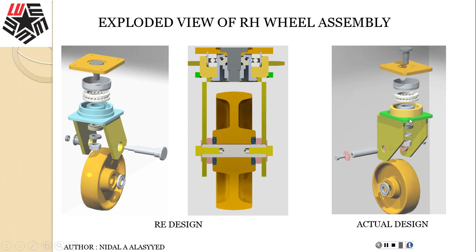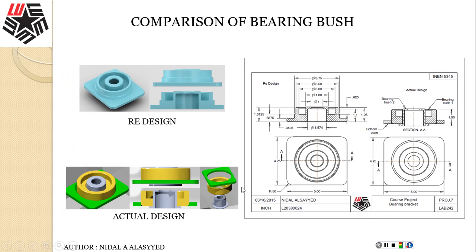This bearing set consists of three pieces on the right, which is the actual, and all three pieces are welded. Here's just one piece. Look at the pin shape, as we mentioned before, different. So this is actual versus redesign. Look at the first part we're talking about, the cast bearing bush.